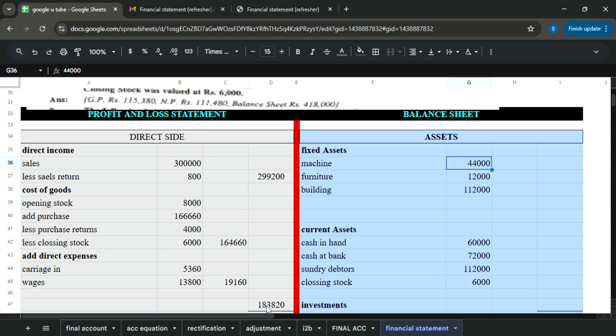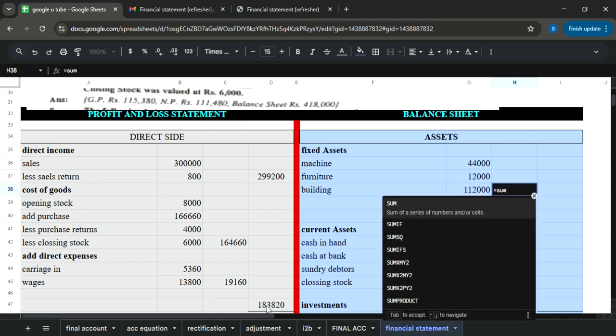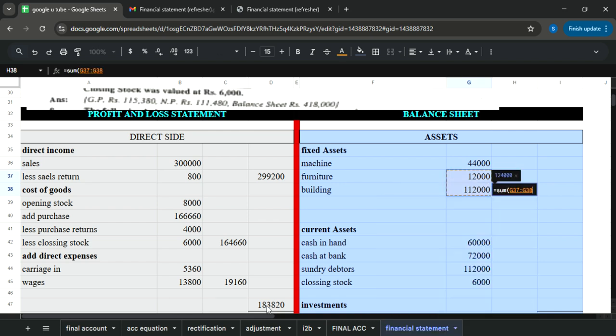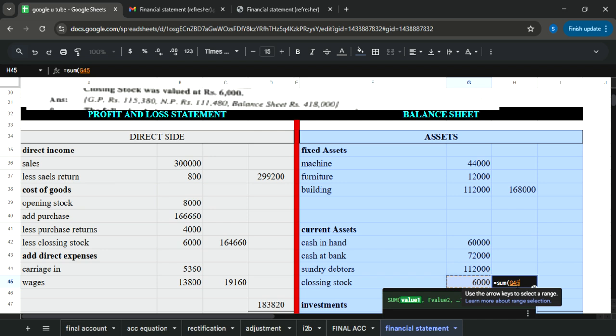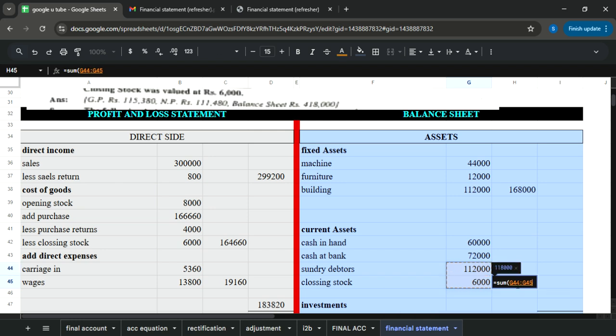We are now going to calculate our assets. Here you can see that there are three fixed assets: 44,000, 12,000 and 112,000. This is total of fixed asset. Now you will calculate total of current asset, which include four different current asset.